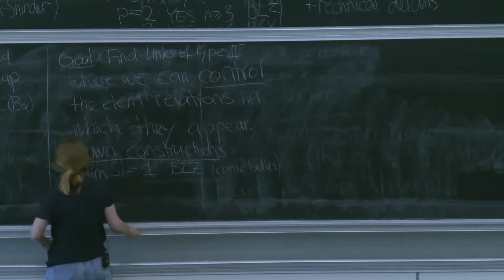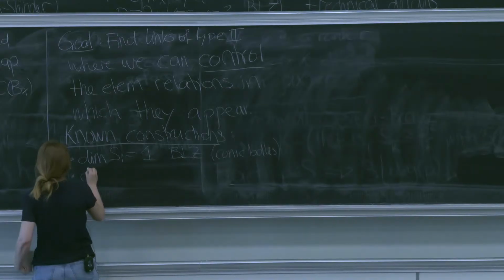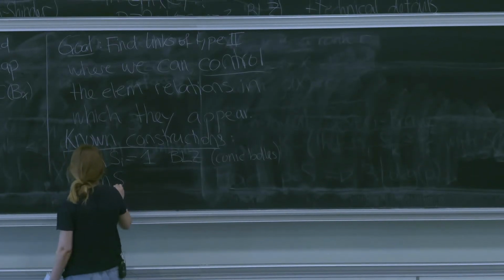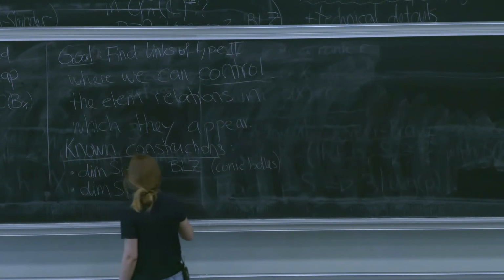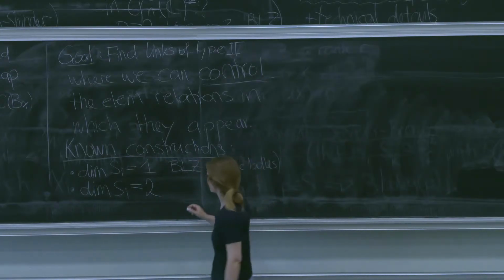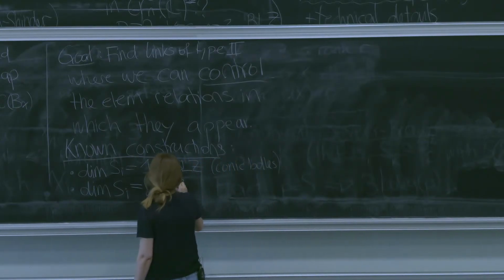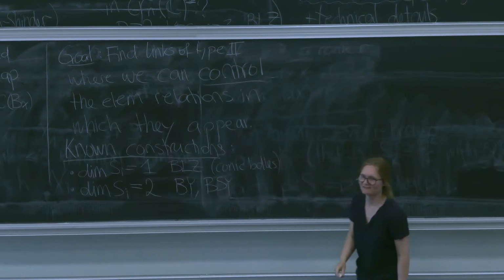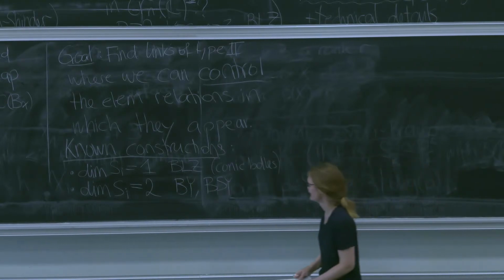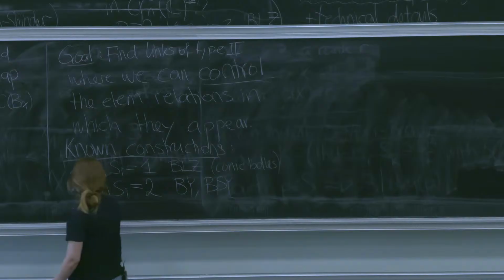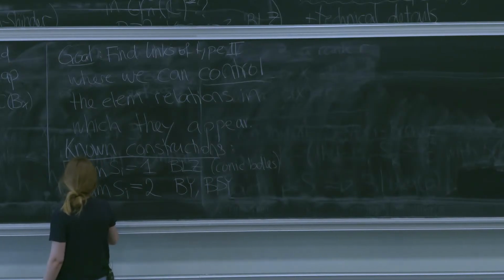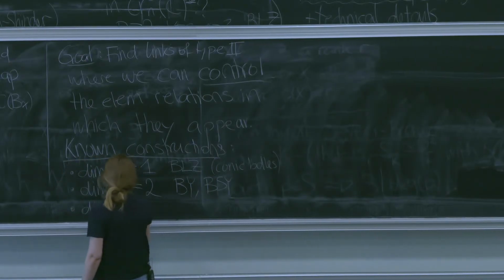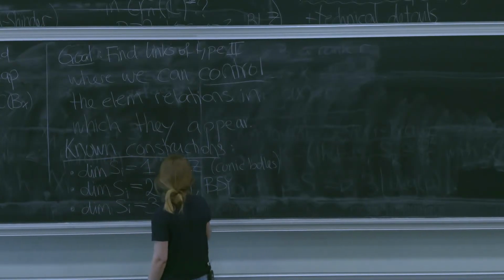Then we have constructions where the generic fiber has dimension 2. And these are constructions by Blanc and Jasinski, and also the construction with Blanc and Jasinski. And there is also a construction where the generic fiber has dimension 3, and this is due to Zikas.